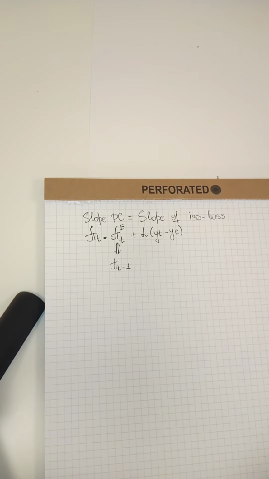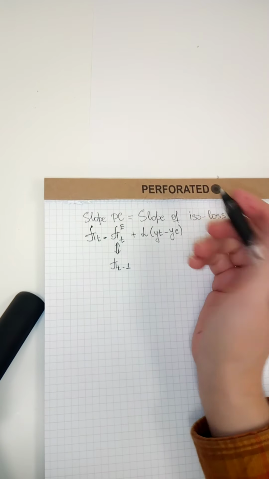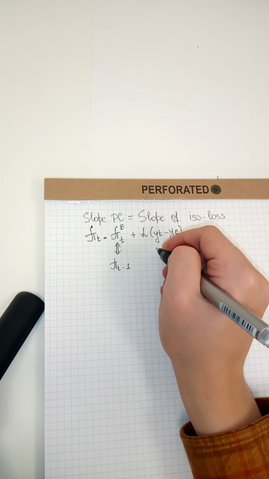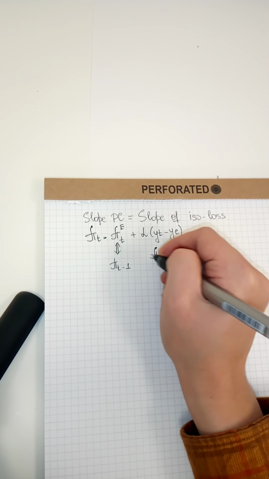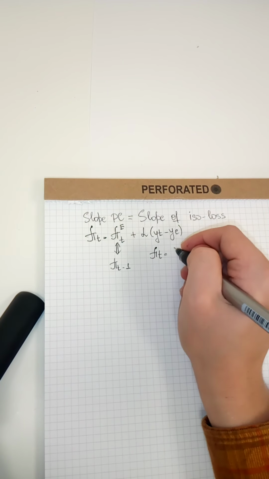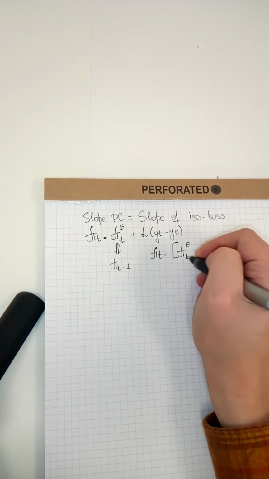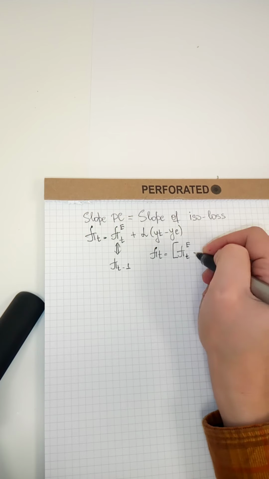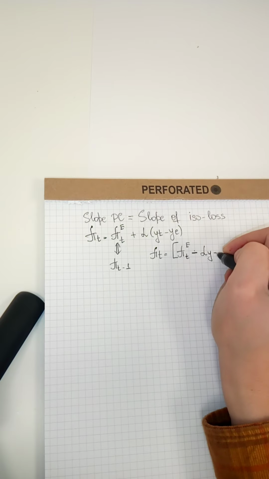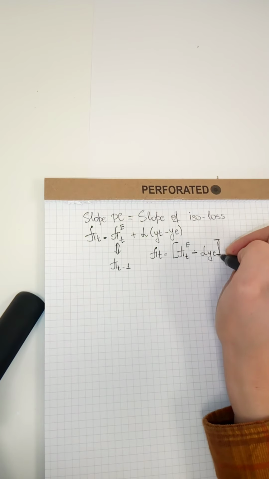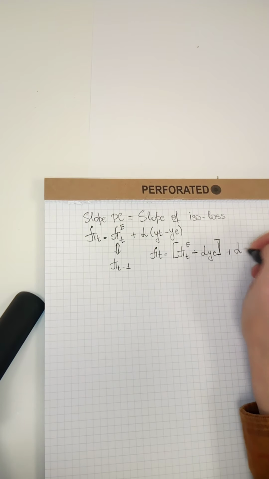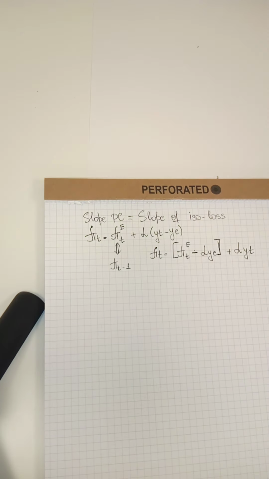When you open the brackets, you will get pi t equal to pi e t minus alpha ye plus alpha yt.